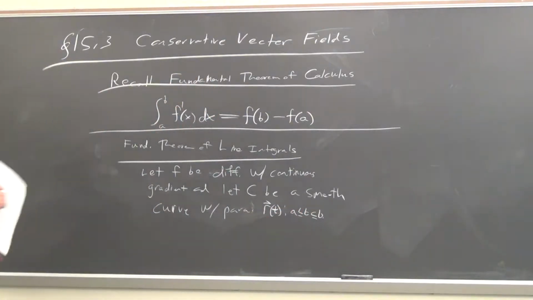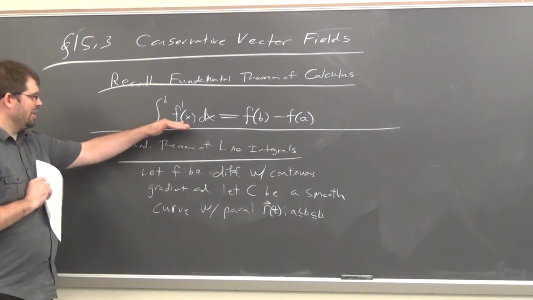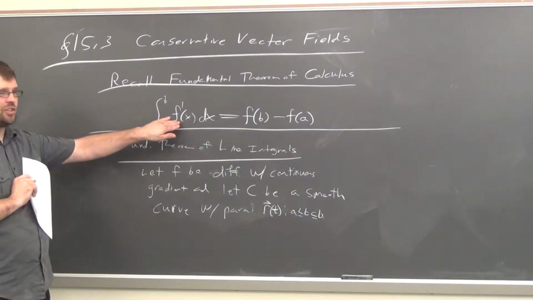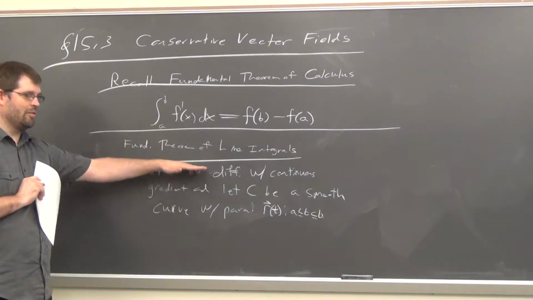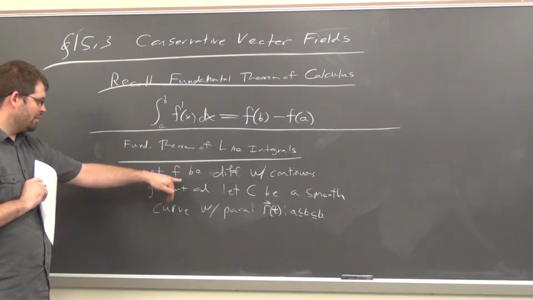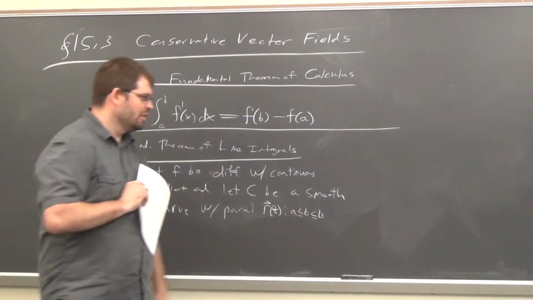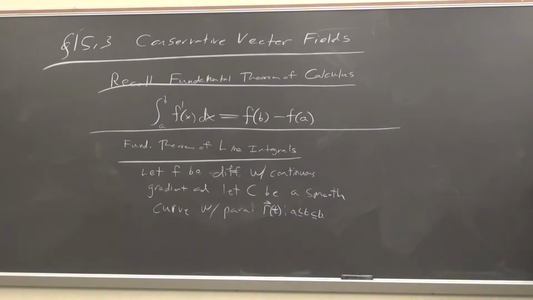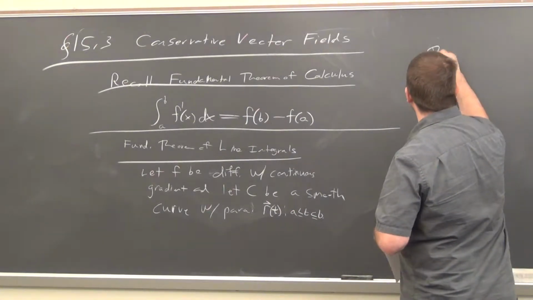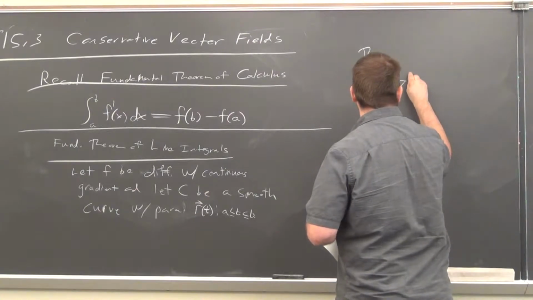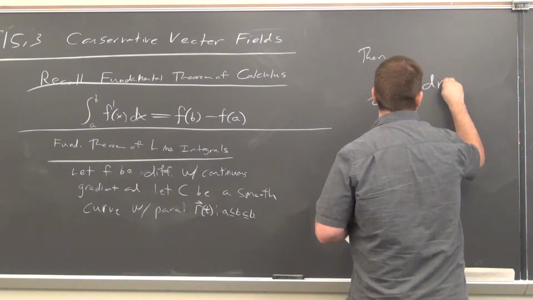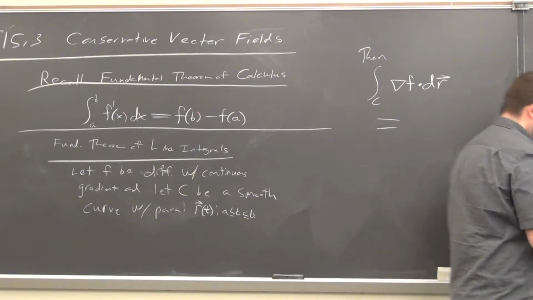So there's kind of the setup. I was pretty lazy in my statement of the fundamental theorem, but essentially, let f be a function that's differentiable, a function whose gradient is nicely defined. Then the conclusion: the integral over this curve C of the gradient of f dot dr is essentially the same thing.